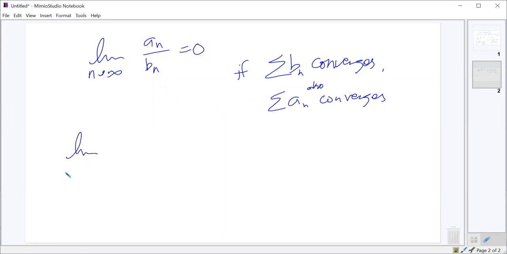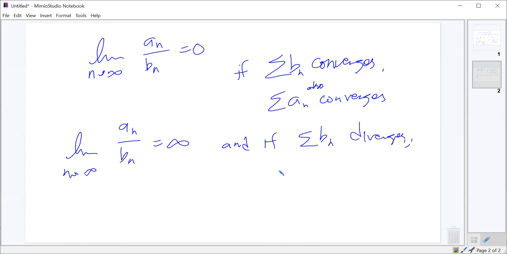On the flip side, if the limit as n approaches infinity of a sub n over b sub n equals infinity, and we know that b sub n diverges, then a sub n also diverges.